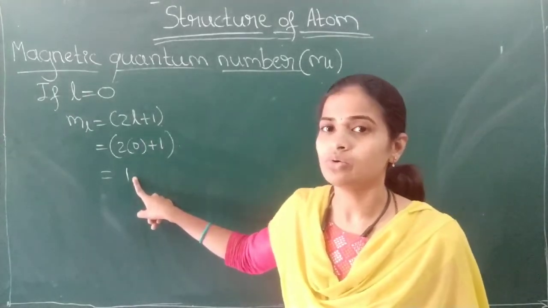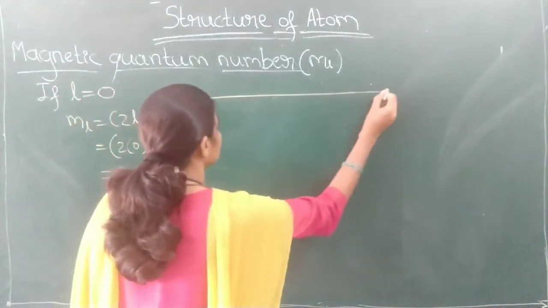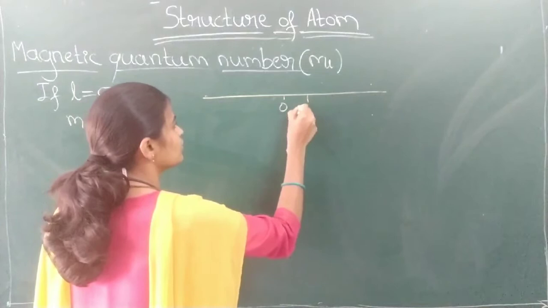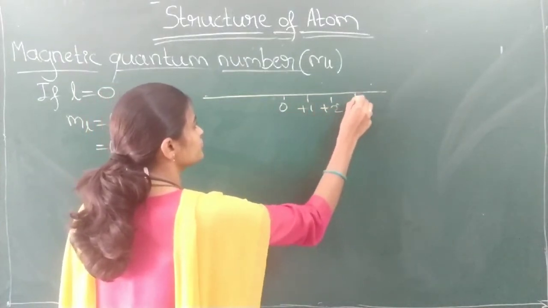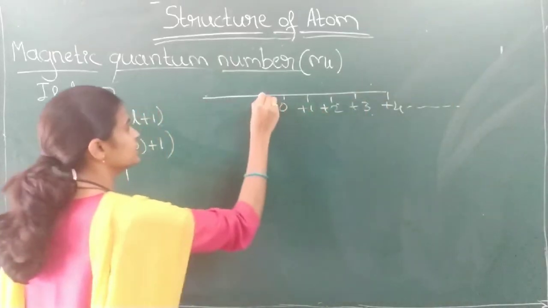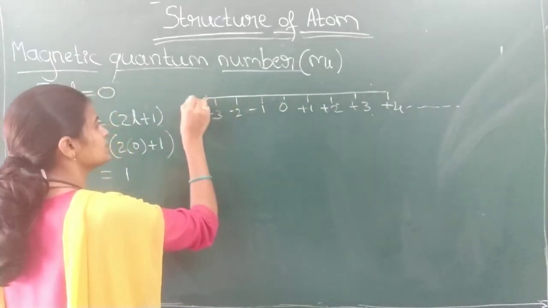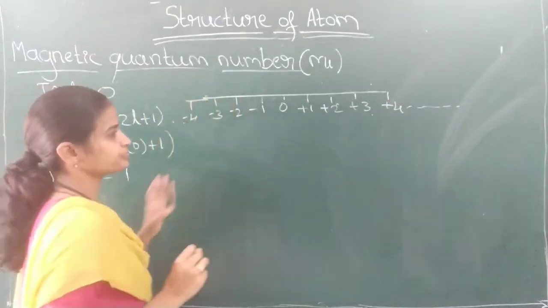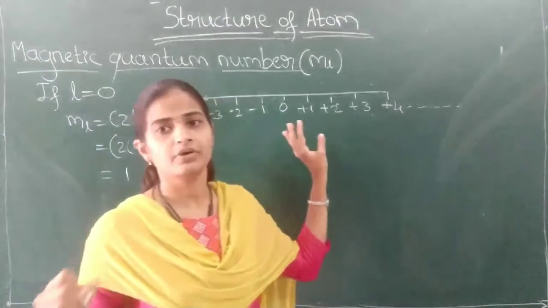What is that value? To understand that, you have to consider this scale. See, 0, plus 1, plus 2, plus 3, plus 4, and so on. On this side, minus 1, minus 2, minus 3, minus 4, and so on. You consider this scale to find out the magnetic quantum number values.